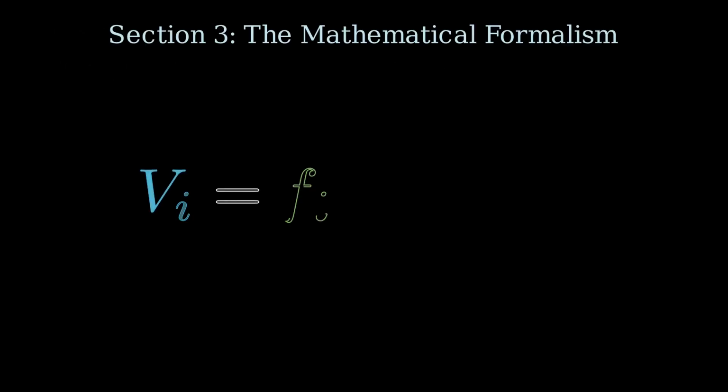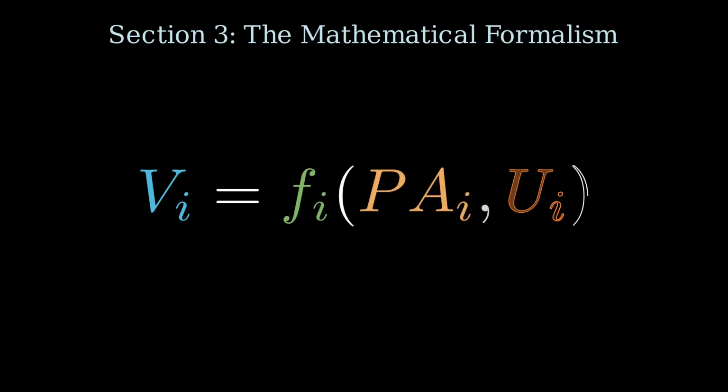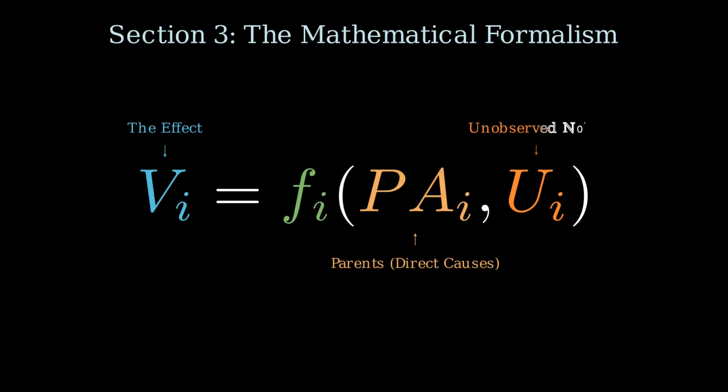For each internal variable, there is a corresponding function that maps its causes to its value. Let's dissect this equation carefully. Vi is the variable we are explaining. PAi stands for parents, the direct causes inside the system, and Ui is the unique background noise specifically affecting that variable.